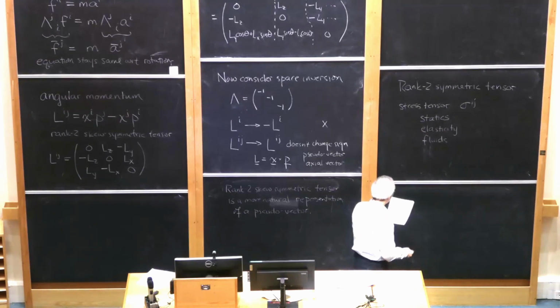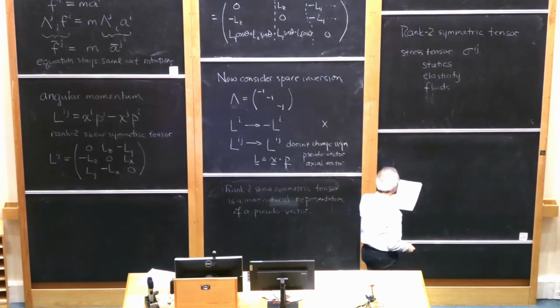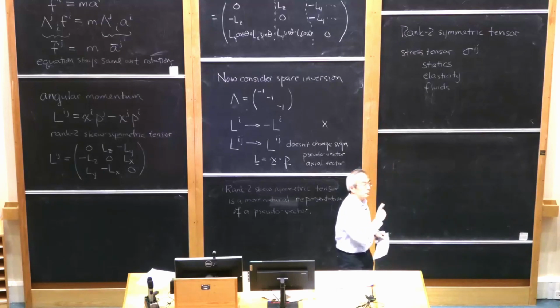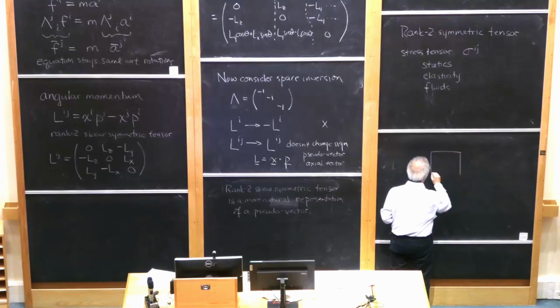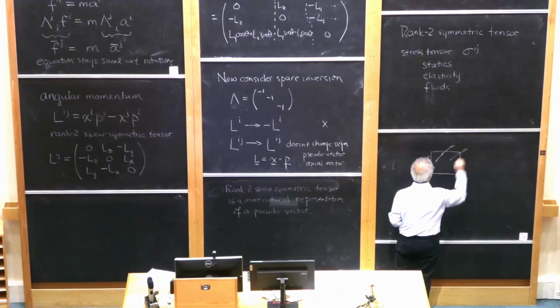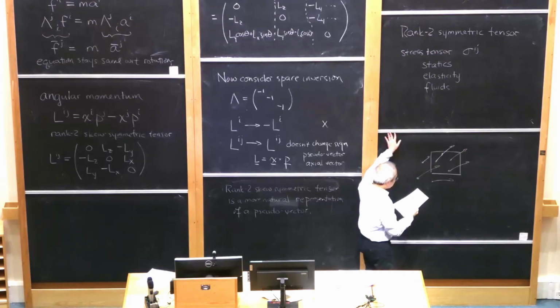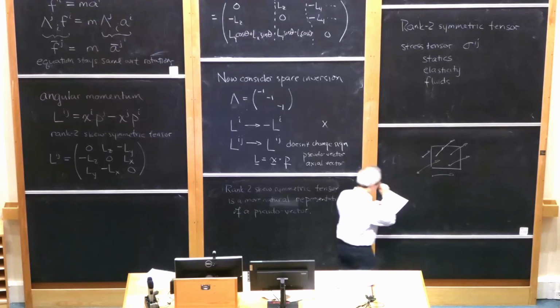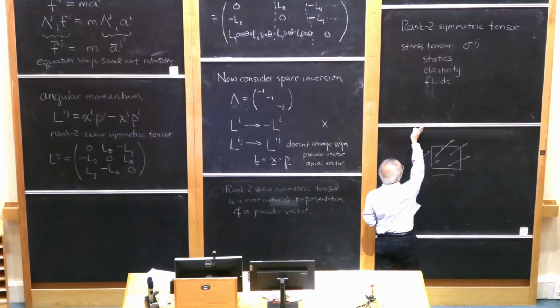Okay. Now, to get a picture of what a stress tensor is doing, maybe fluids is probably the easiest picture. You can think of some sort of fictitious volume, and you have a bunch of particles flowing through it. Okay, and it might be doing various kinds of things. And so you can think of the stress tensor as the flow of momentum across one of these surfaces.